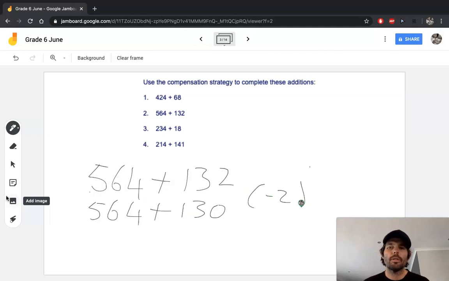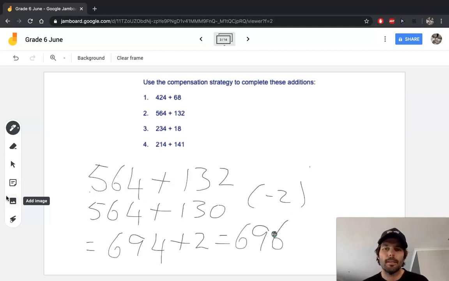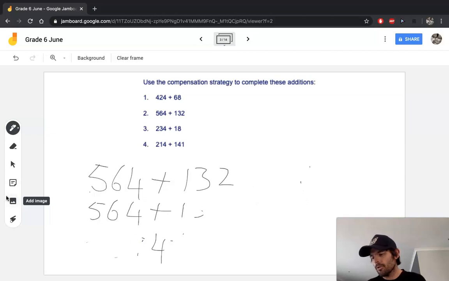Now 564 plus 100 is 664, plus that 30 is going to be 694. And then remember, I took 2 off in the beginning, so I must now give those 2 back, and that's going to give me 696. Okay, so another nice example of how to do that calculation mentally using a compensation strategy.